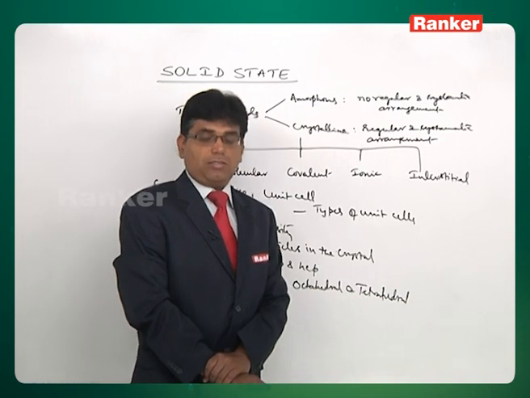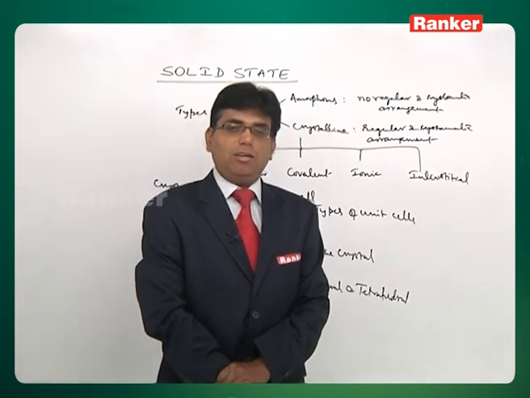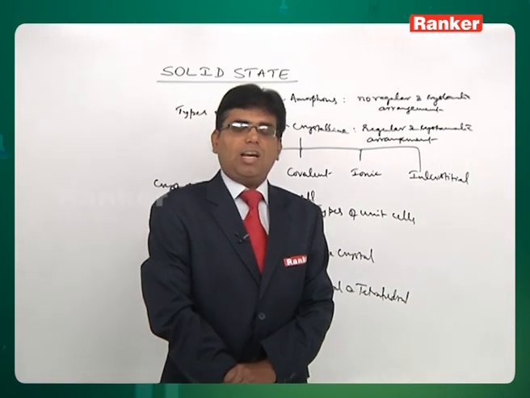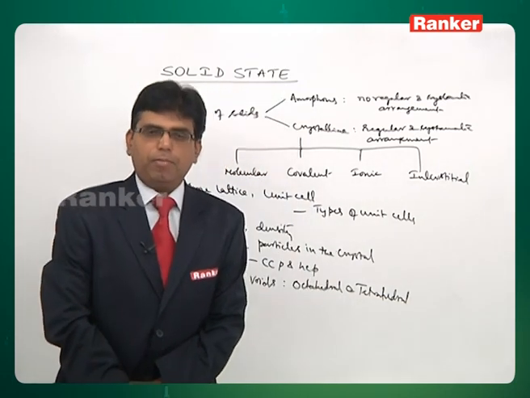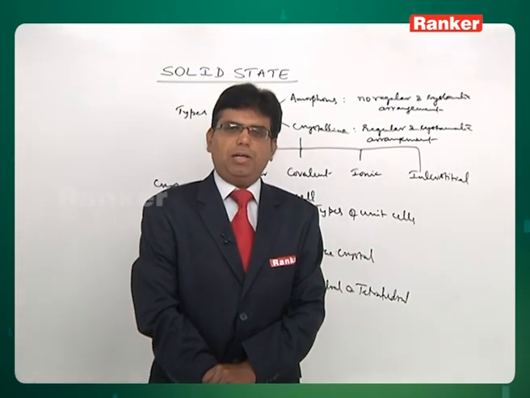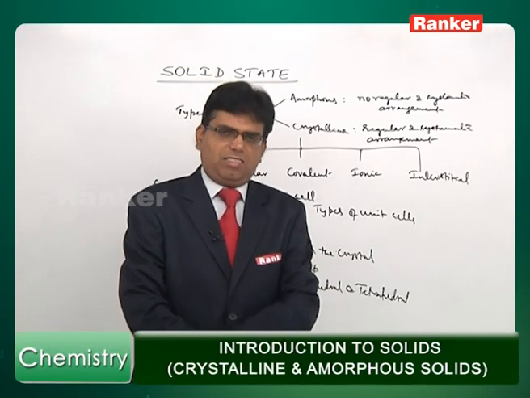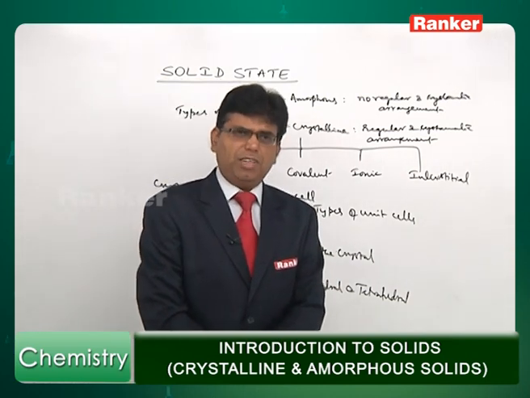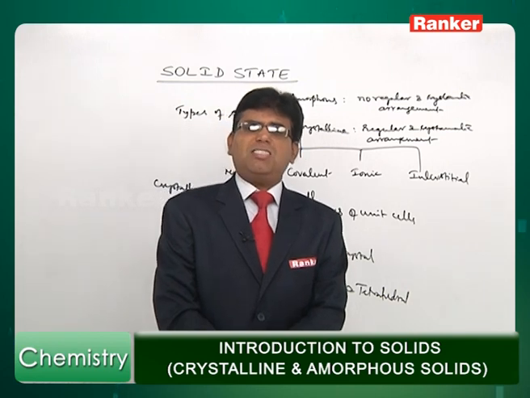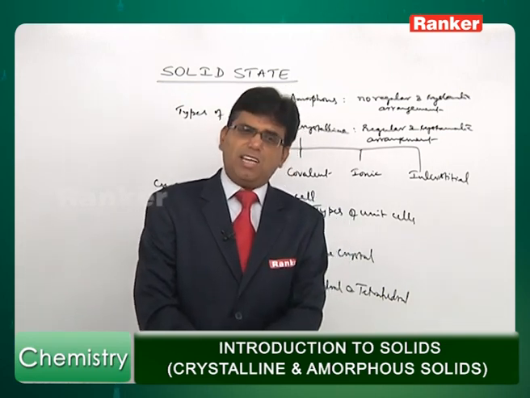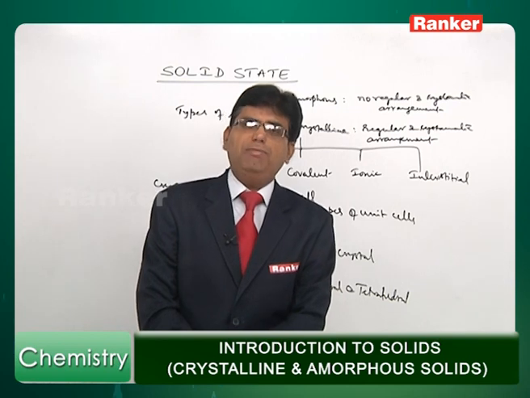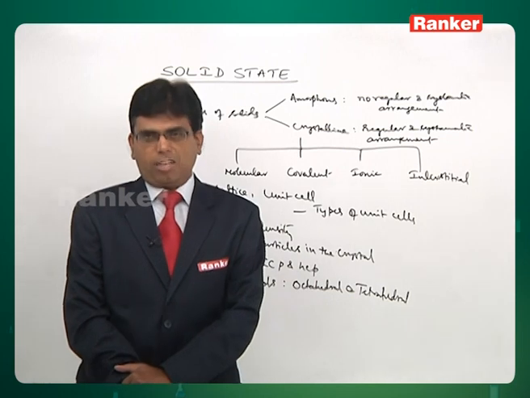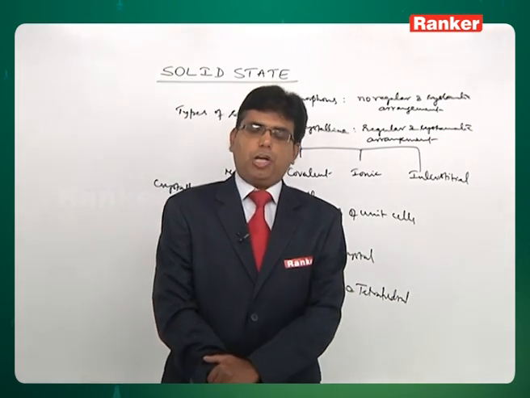Whereas crystalline solids, whether you take sodium chloride crystal, cesium chloride crystal, sugar crystal, any such crystalline solid, will have a definite, very sharp melting point. For example, ice. Ice is a crystalline solid, which all of us know very well. Ice, being a crystalline solid, has a sharp melting point of 0 degree Celsius. That is the characteristic feature of crystalline solids, sharp melting points.